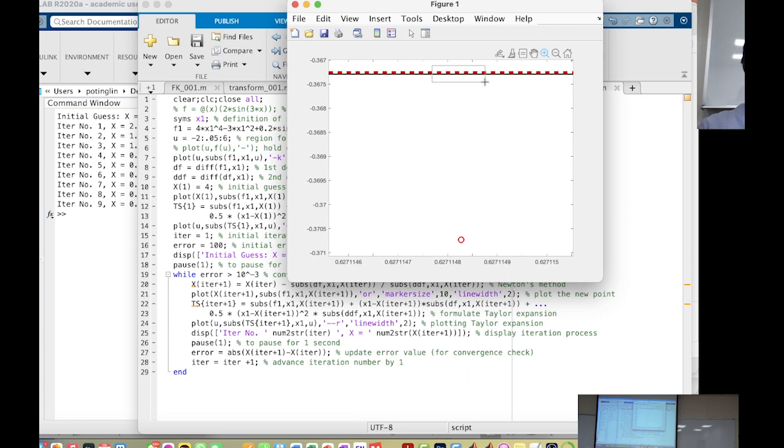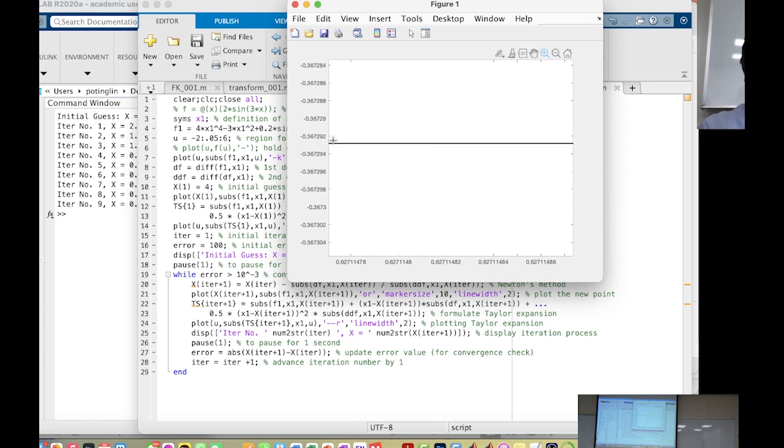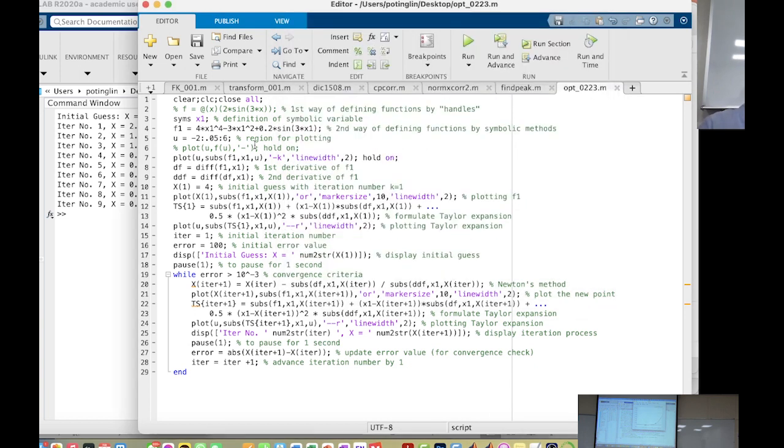This area is so flat. We may not be able to see if it's a true optimal.